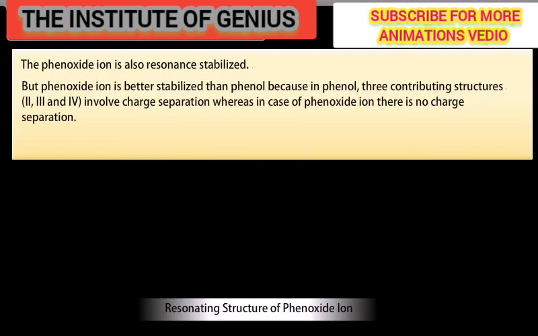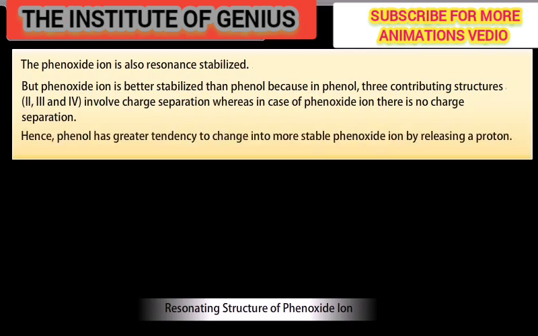But phenoxide ion is better stabilized than phenol because in phenol, 3 contributing structures, that are second, third and fourth, involve charge separation, whereas in case of phenoxide ion, there is no charge separation. Hence, phenol has greater tendency to change into more stable phenoxide ion by releasing a proton.